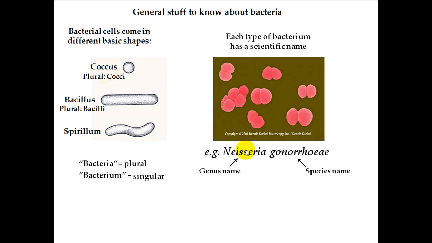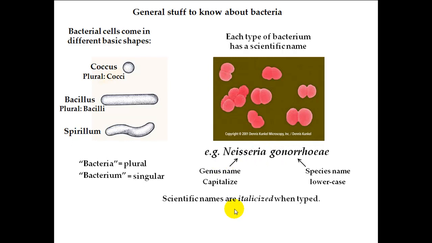So this first term here tells you to which genus this bacterium belongs, and this second part tells you to which species these bacteria belong. By convention, the genus name is always capitalized, and the species name is always written in lowercase. If you're typing out scientific names, they're always italicized.